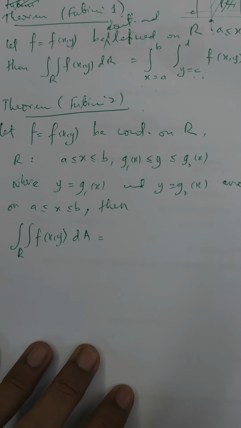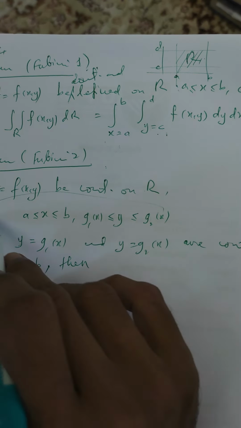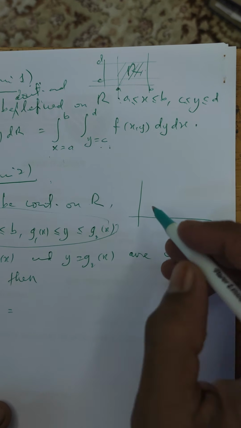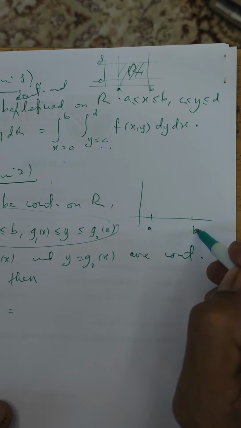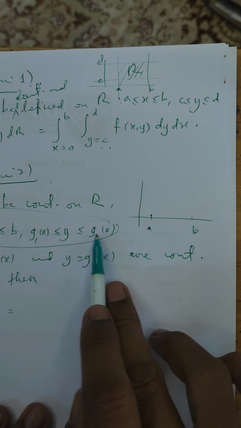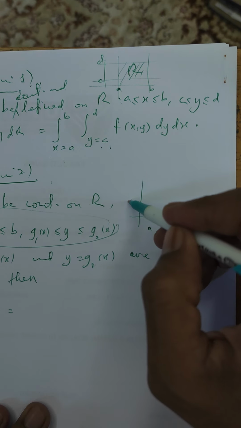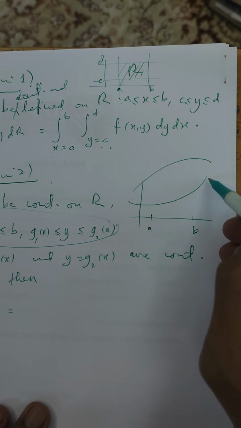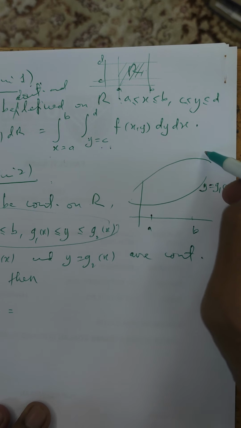This is given as, let me sketch the region R in this case. That's our R, for x between A and B, and y bounded by two functions. Let's say you have something like this or something like this. This is y equal to G1 of x. This is y equal to G2 of x.